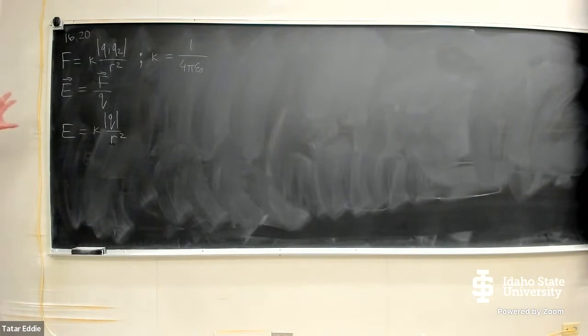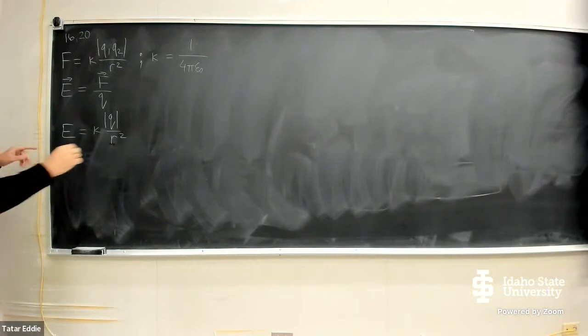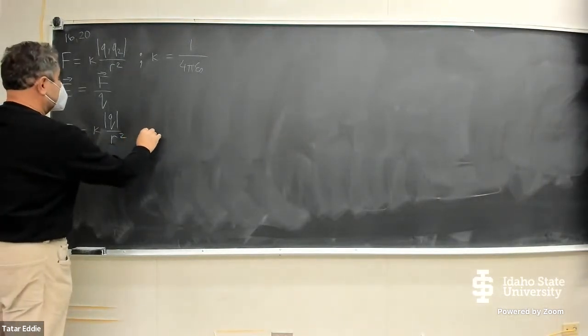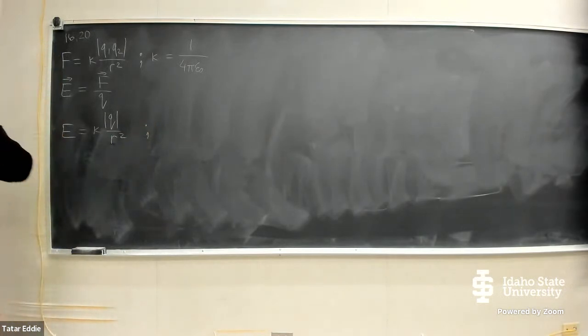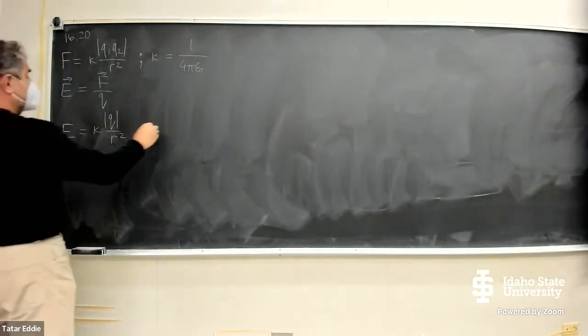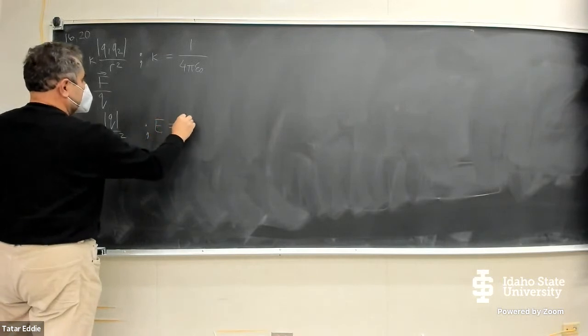Okay, so now we have electric fields. We used Gauss's law to find the electric field between two very large plates, one of them charged positively, the other one charged negatively, the same magnitude of charge on them. And we calculated that the electric field between the plates of this so-called parallel plate capacitor is, what is it?